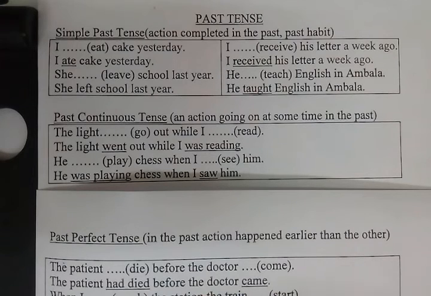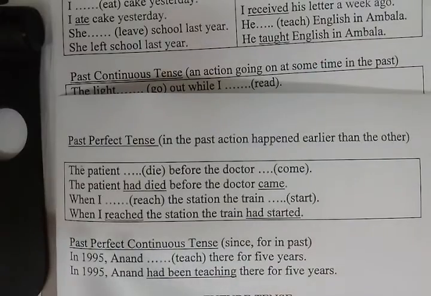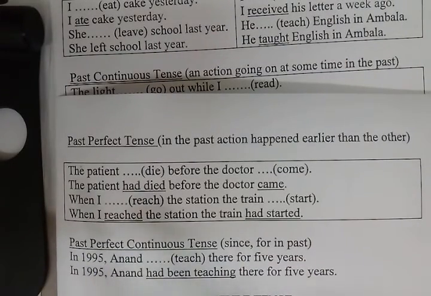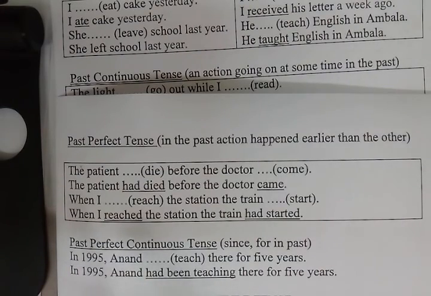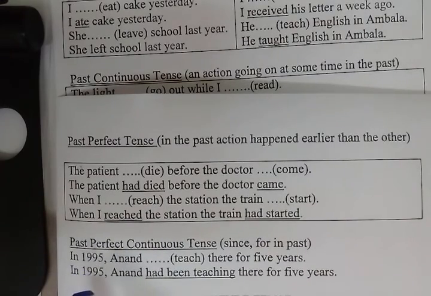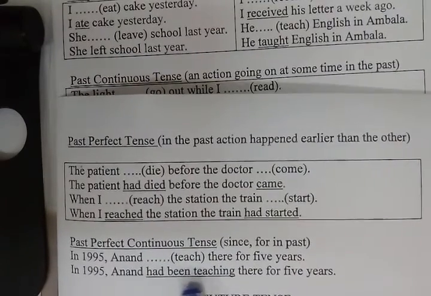In past perfect continuous tense, until a clause is not given that the sentence belongs to past, we will consider it present. Here in this sentence, the year 1995 belongs to past. That is why we have used had been teaching.